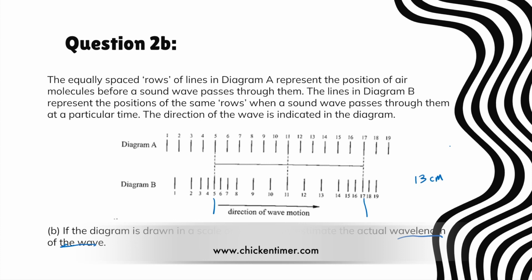They say the diagram is drawn in a scale of 1 to 5, so 1 centimeter on diagram B represents 5 centimeters. So it's 5 times 13, and your wavelength will be 65.